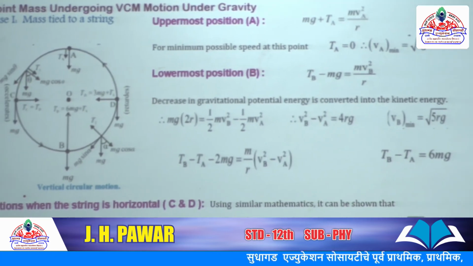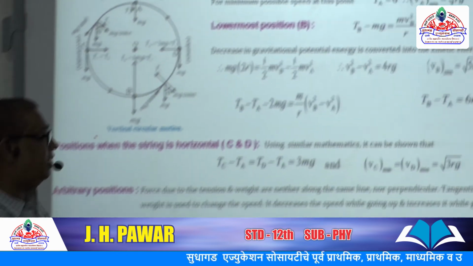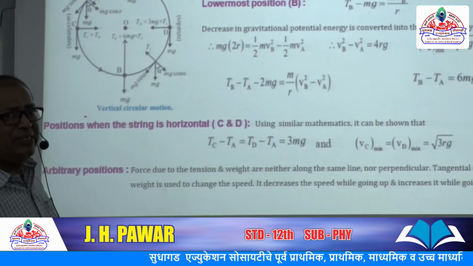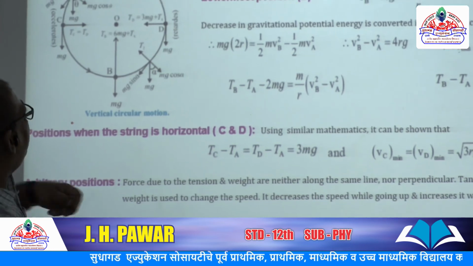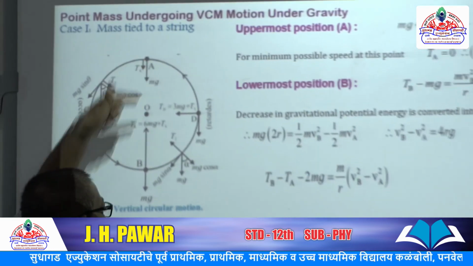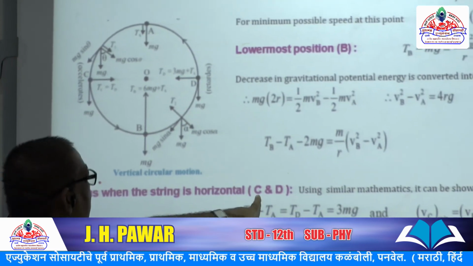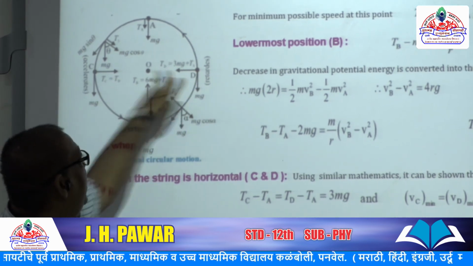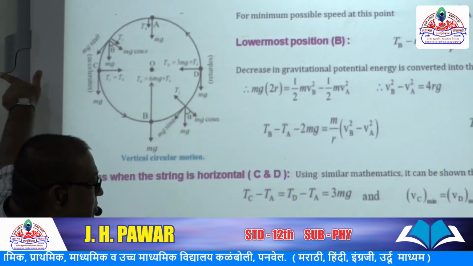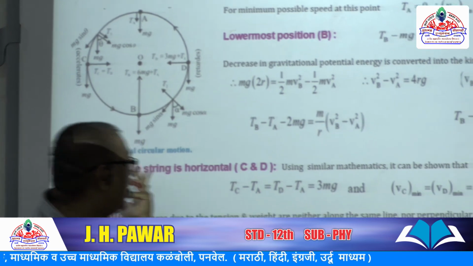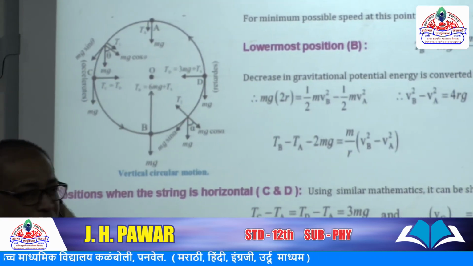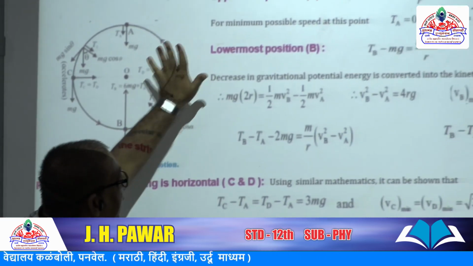Thereafter, the position when the string is horizontal. You can use similar mathematics here, when it comes to the horizontal position at point C and D, at the middle. At the middle it comes, then you can use similar mathematics at point C or at point D also. Look here, only one change is there.